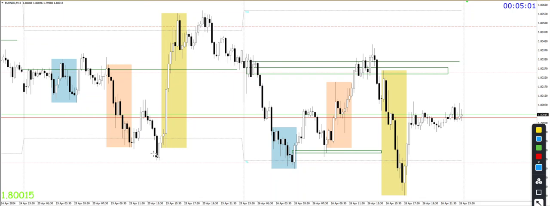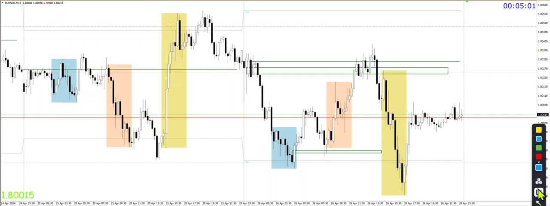Euro New Zealand move up on Thursday, move up on Friday. Key similarities: you've got this false move prior to the session. You've got a dump down to a key low at the start of a session, either London or New York, because we're trading the euro.